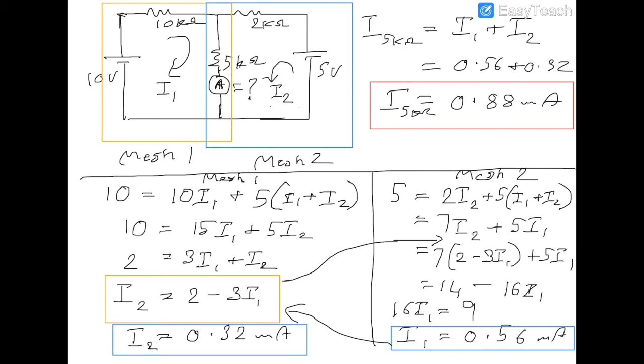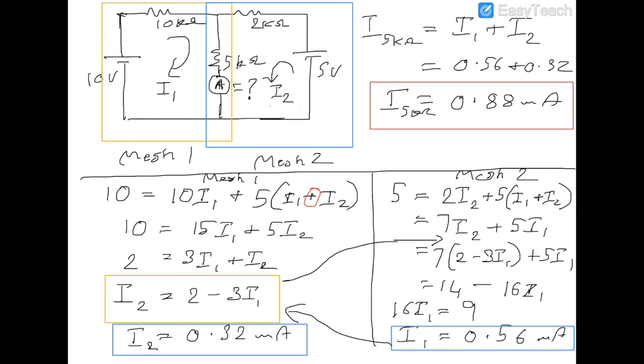All right, let's quickly run through this again. So you had your mesh 1 and your mesh 2. So according to mesh 1, the energy is supplied by 10 volts. You got I1 flowing through the 10 kilo ohm resistor causing a drop, and you got I1 and I2 flowing through the 5 kilo ohm resistor in the same direction, hence the plus sign. So if you solve this equation, you get an equation like this.